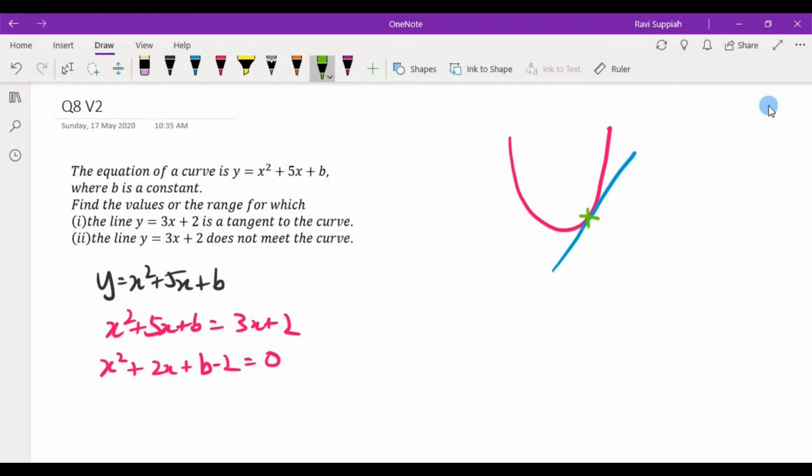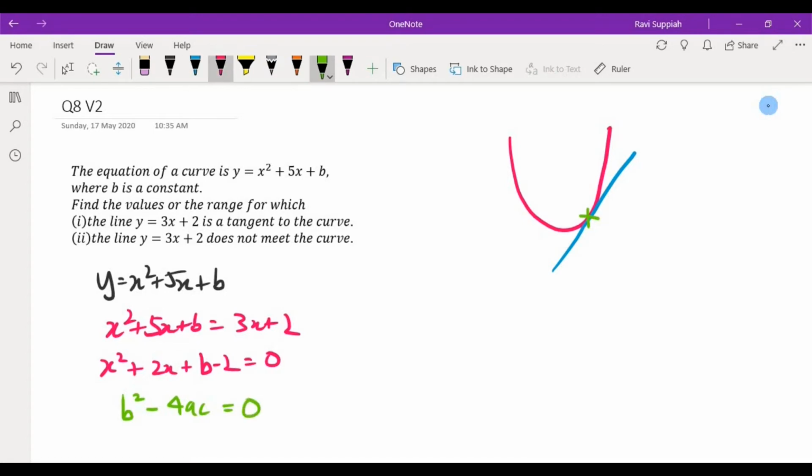The condition for the line and the curve to touch each other at exactly one point, where the line is a tangent to the curve, is that b squared minus 4ac must be equal to 0.